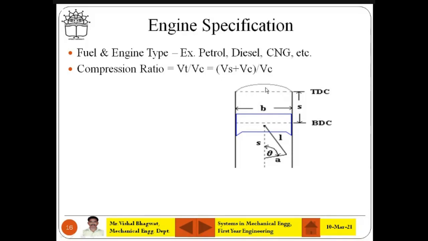Why? Because the piston cannot reach there, so that is the clearance left. The piston moves from BDC to TDC only, so that is your swept volume. So total volume is swept volume plus clearance volume, divided by clearance volume, is the compression ratio. Understand? It is the compression ratio.